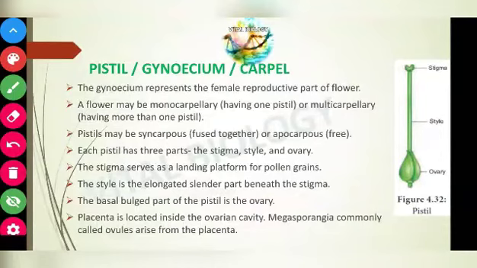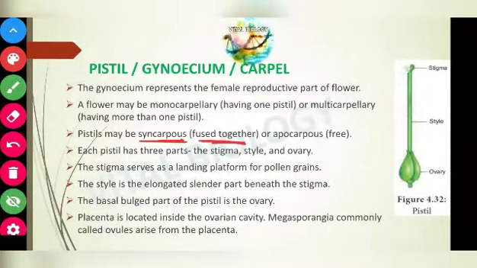Next, the third point: the pistil may be syncarpous. Sync means fused together. Just like in your mobiles, when you sync your photos and contacts, they give a notification. In the same way, syncarpous is nothing but fused together.